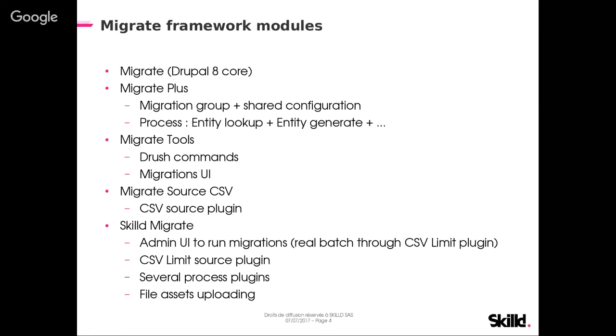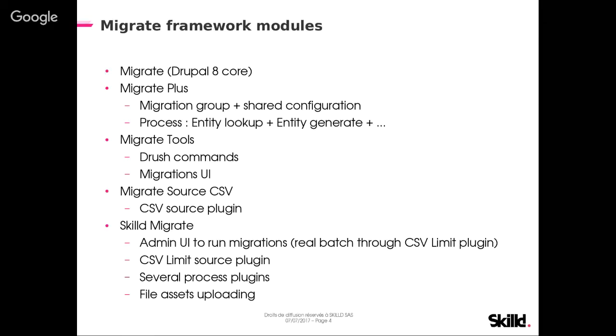Some basic things that Skilled Migrate provides are an admin UI to run migrations, and a real batch process for the CSV source, so you can import just several rows from the whole file and go step by step in importing.